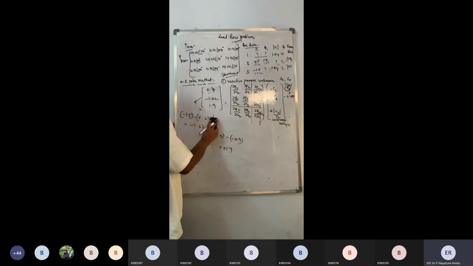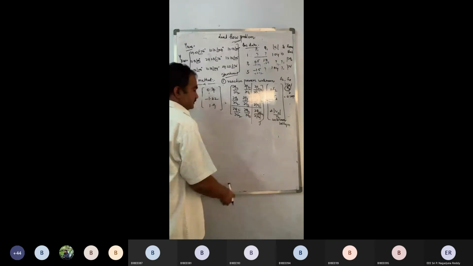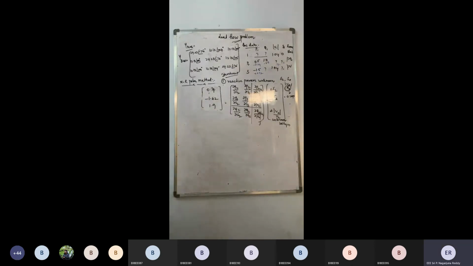So these are the values which we have obtained so far in the power matrix: 0.74, minus 1.62, and 1.9.